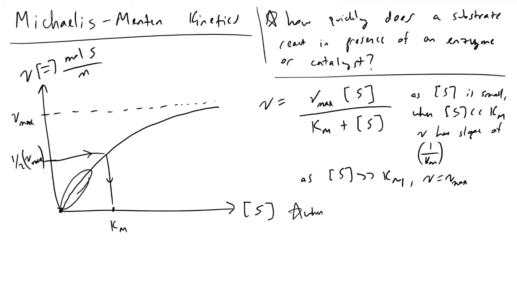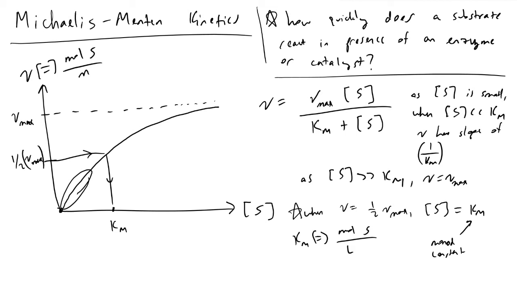So when V equals 1/2 Vmax, the substrate concentration is equal to K sub M. This is called the Monod constant. And the Monod constant has the same exact units as your substrate concentration, and therefore K sub M will have units of moles of S per liter of your solution.